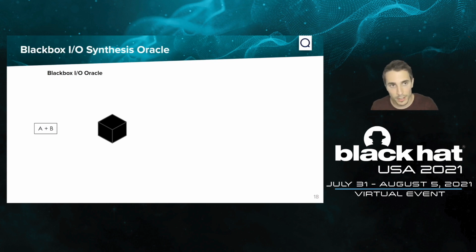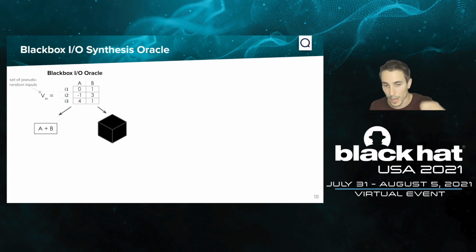So now I'm going to describe a bit the input-output synthesis oracle. So let's consider here that you have A plus B, an expression that is known, and a black box for which you want to know what its behavior is. What you are going to do is to generate some input vectors that give some valuation for A and B, and you are going to give them to the expressions.